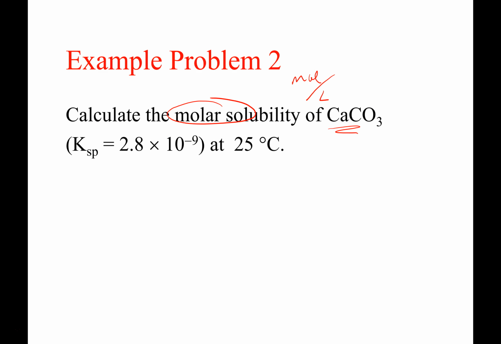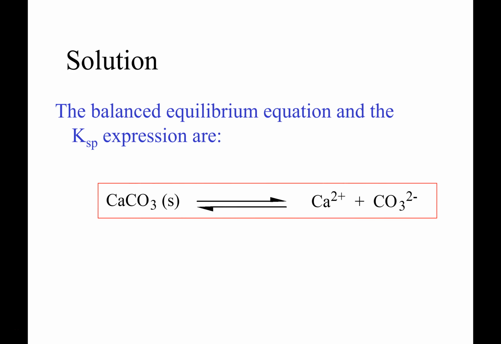So one of the first things I've been telling you to do is to take calcium carbonate, put an (s) next to it, put an equilibrium arrow, and show what it ionizes to form. So calcium carbonate solid is in equilibrium, we're talking about dissolving it, with 1 calcium 2+ cation and 1 carbonate 2- ion. Write the Ksp expression.